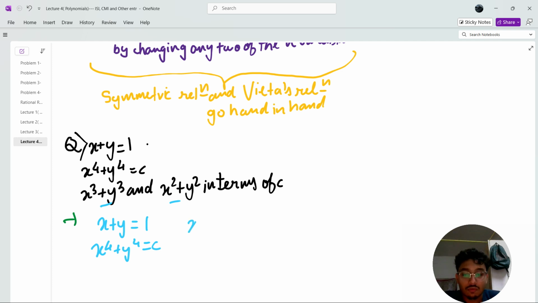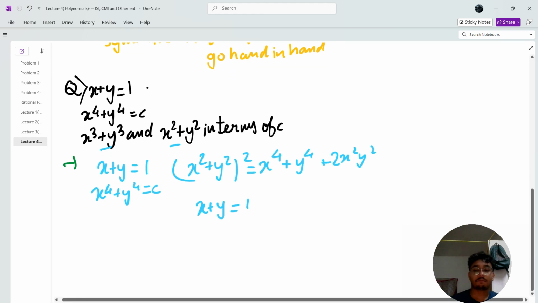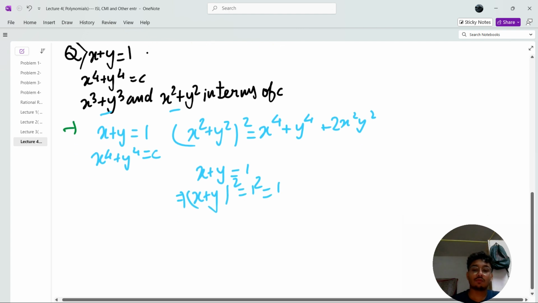We all know x square plus y square whole squared expansion is basically x to the power 4 plus y to the power 4 plus 2x square y square. We are also given x plus y is equal to 1, so we can square it on both sides. x plus y whole square is equal to 1 square, which is 1.